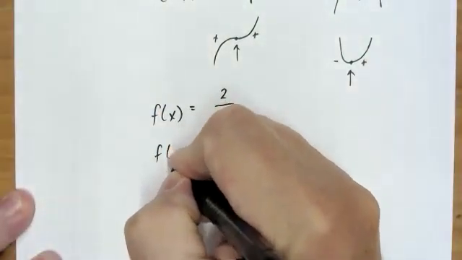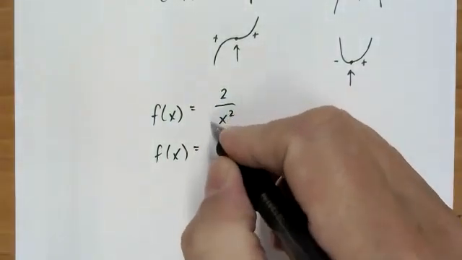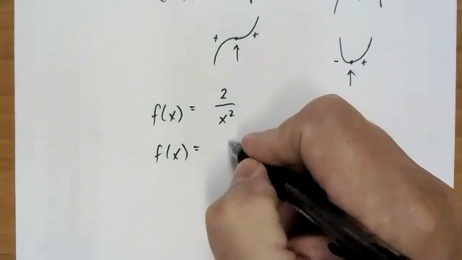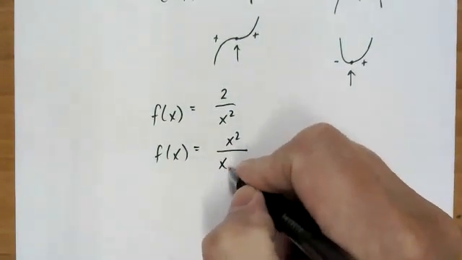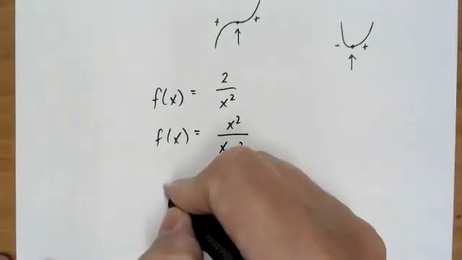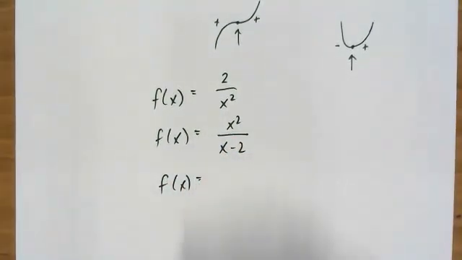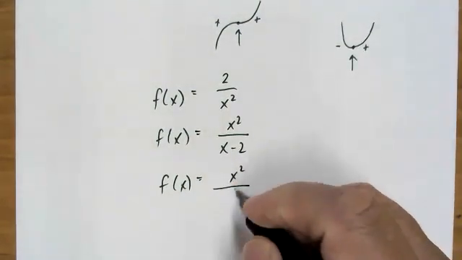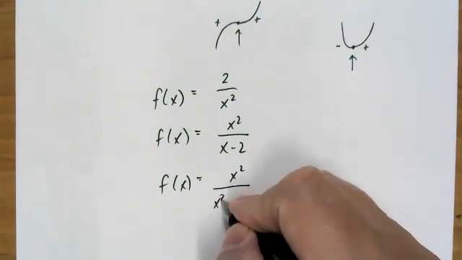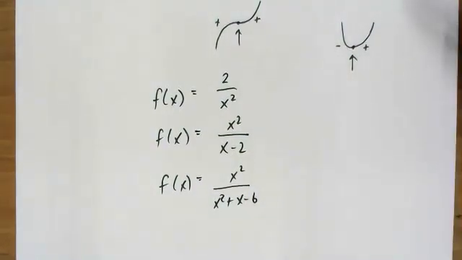So here's the 3 functions we're going to analyze. Here's the first one. The second one is x squared over x minus 2. And then the last function we'll look at is x squared over x squared plus x minus 6. So these are all rational functions.